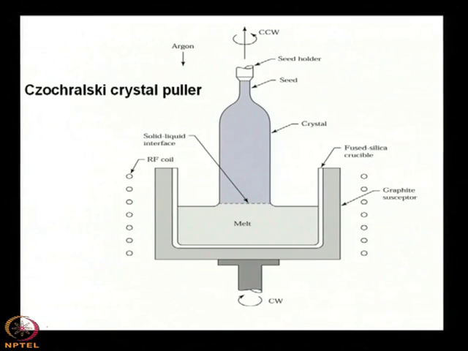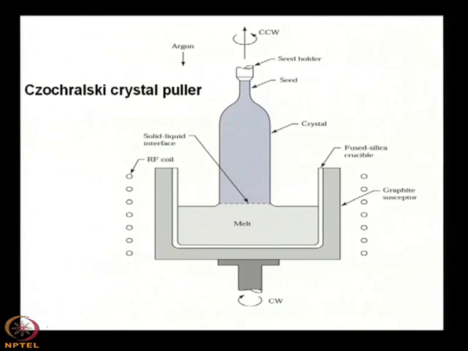One is to reduce impurity contamination, and number 3 is that here you see at the surface of the melt there will be movement, there will be vibration, because at 1420 degree centigrade there is a liquid having some density.